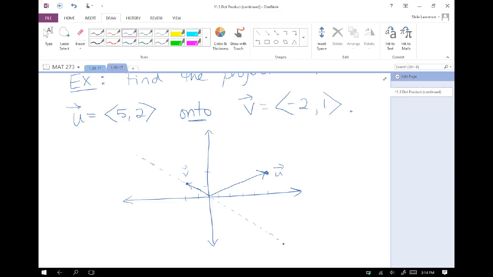And I want to connect U to that vector or that line with a perpendicular line. So U is actually going to have to connect down here.